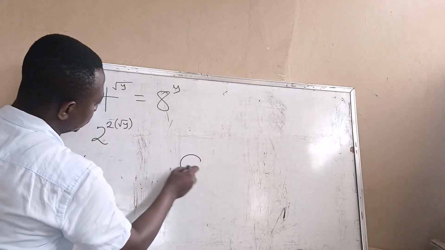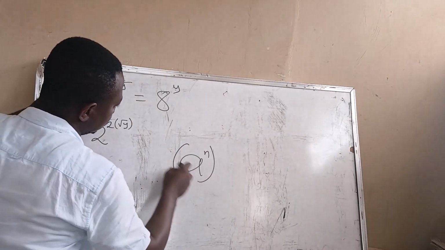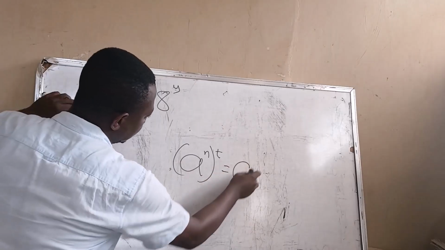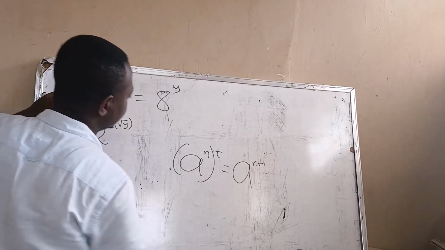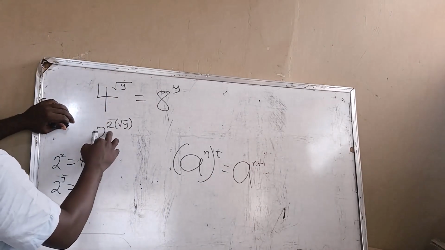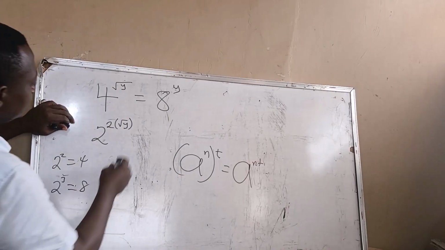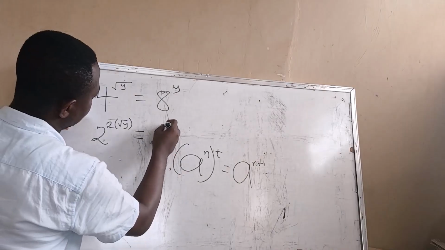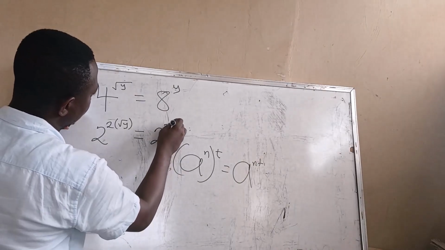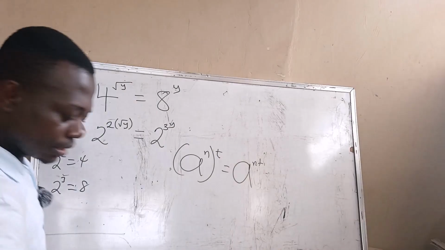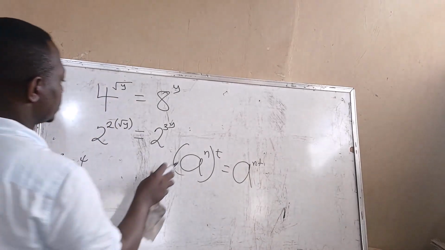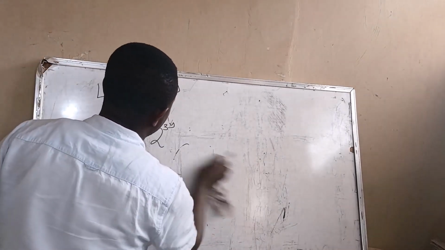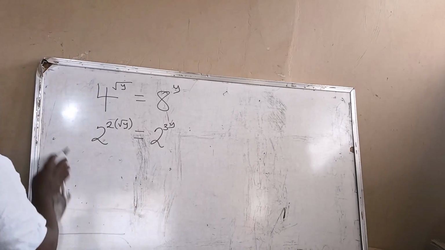Following this rule, okay, when you have this, it's the same as a to the power nt. So this one is the same as that. I've done nothing. And I can do the same here. 2 to the power 3, that is 8. So the y will multiply. Okay. Now, the bases are the same.